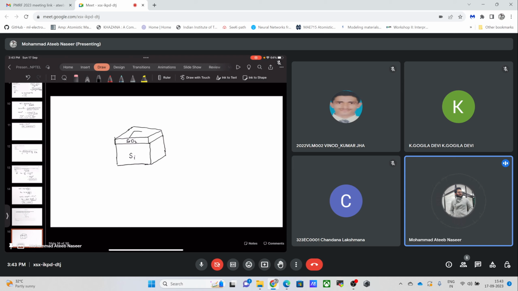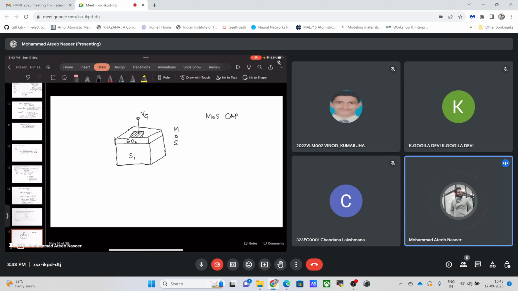Let me denote it by this. This is the metal which is having some contact over it, which is Vg, let's say, since this is the gate. This is simply metal, oxide and semiconductor. So this is simply the MOS cap.